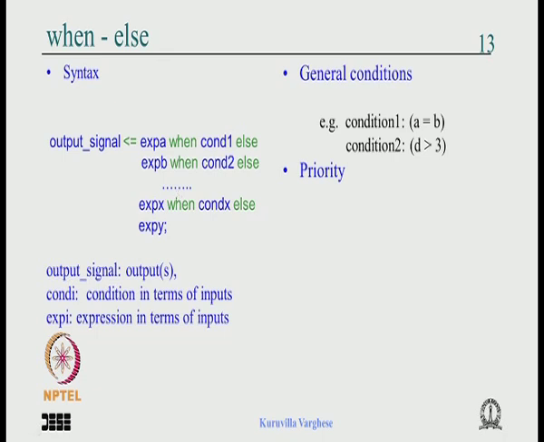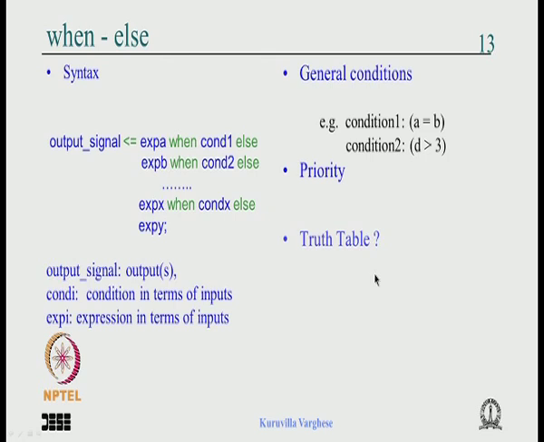It brings in priority, and most importantly the question is: are we completely specifying a truth table by this kind of structure or syntax? That is a question. You think about whether it's a truth table.